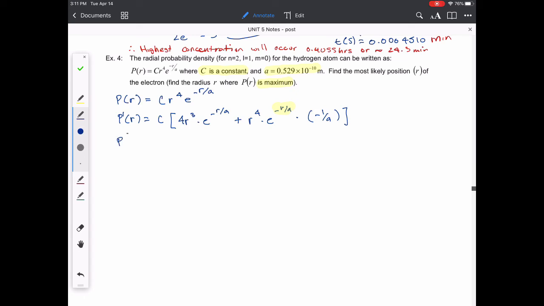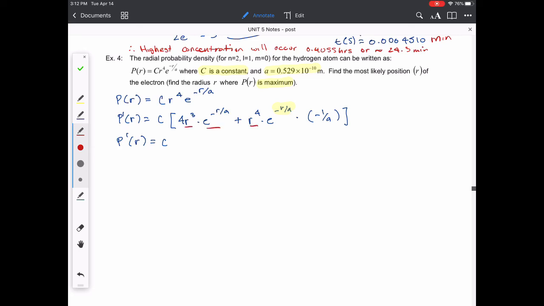Let's clean this all up. C is still a constant. I'm going to leave it out. And then, what can we factor out? We can factor out an R to the exponent 3.